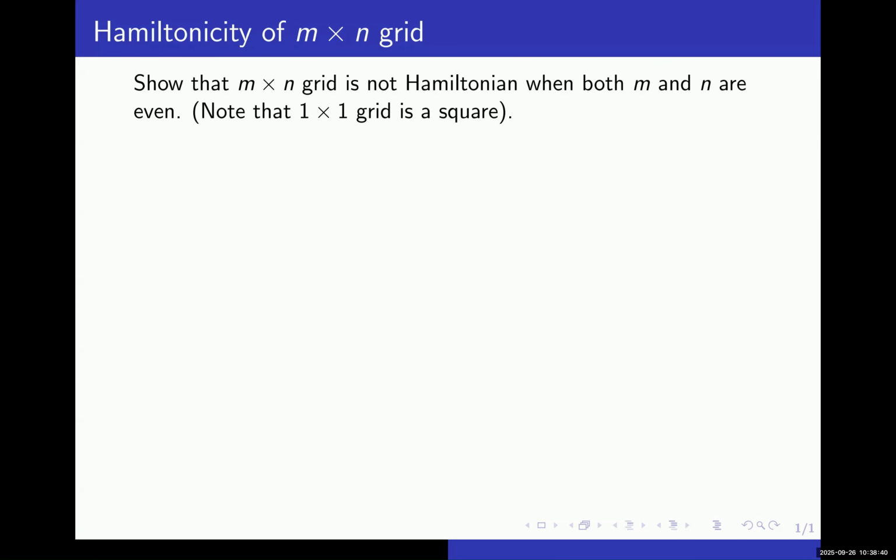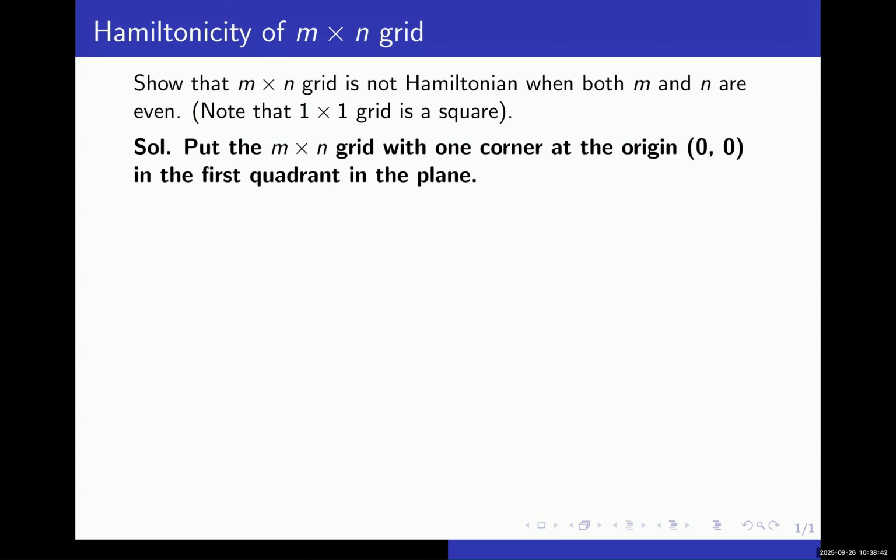So first, we want to put the m by n grid with one corner at the origin (0, 0) in the first quadrant of the plane. So like this, when m is equal to 2 and n is equal to 2, I want to put one corner at the origin here.